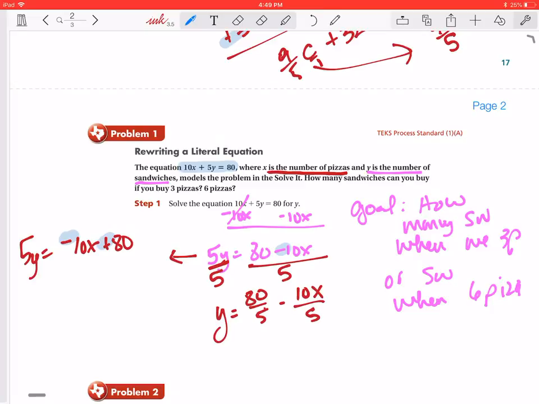Now, the correct property says that we reduce. So this is going to be y is equal to 80 divided by 5. It's going to give us 16 minus 10 divided by 5, which will give us 2x. Now, we solved it in terms of y.